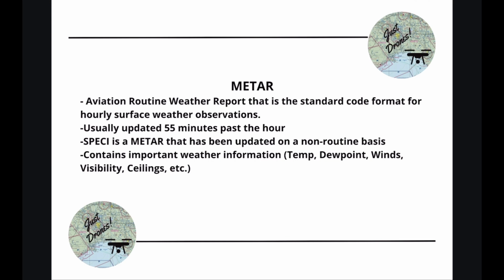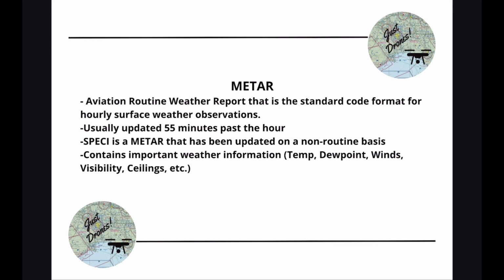A METAR also contains important weather information. This is why they are released. It contains information such as temperature, dew point, winds, visibility, ceilings, and other factors in weather such as thunderstorms, rain, whether that rain's heavy rain, light rain, snow, volcanic ash, dust storms.